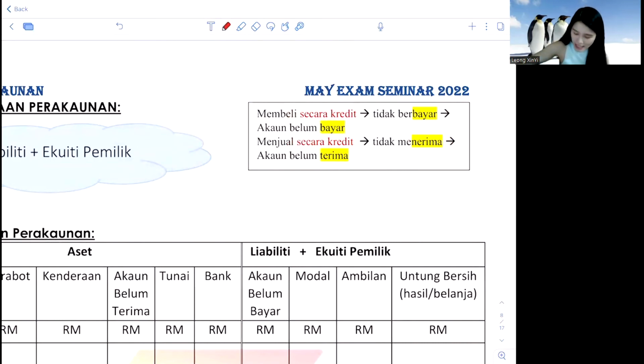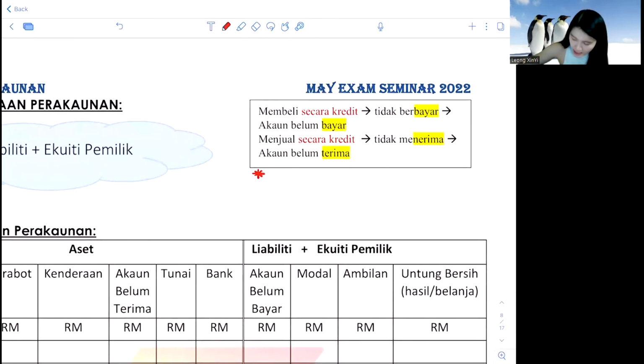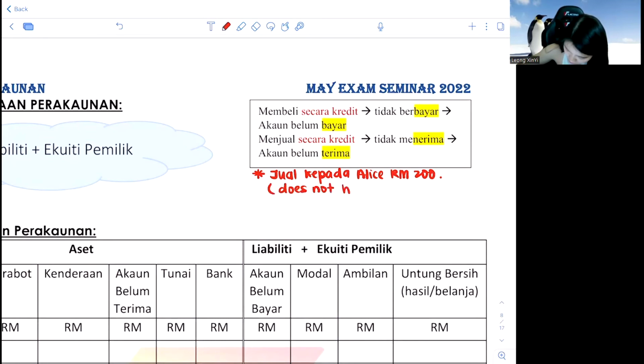Now a special situation to use ABT and ABB is if you see jual kepada Alice RM 200, full stop. You realize that this sentence does not have a payment method.